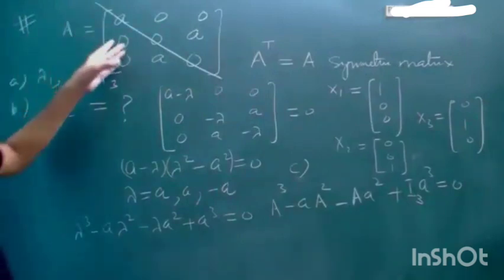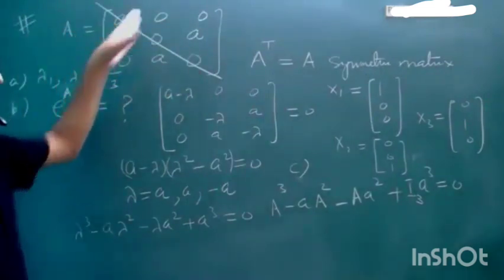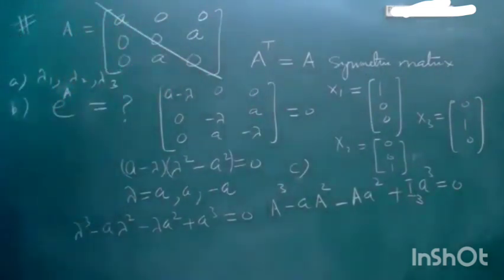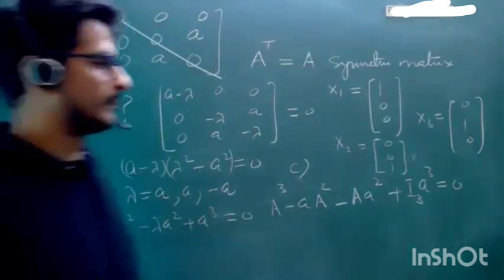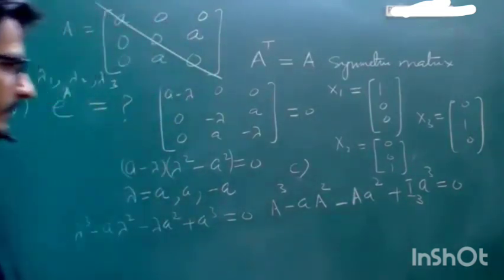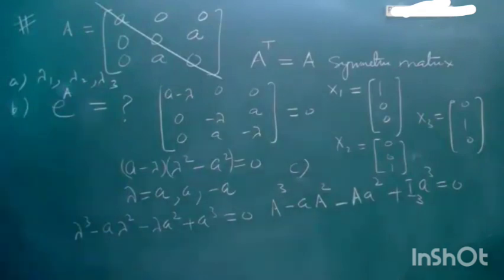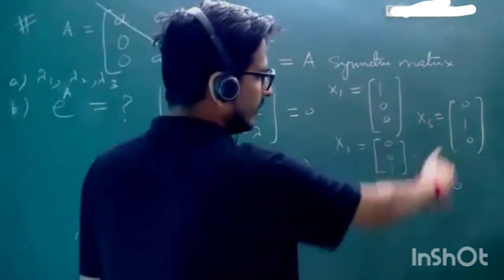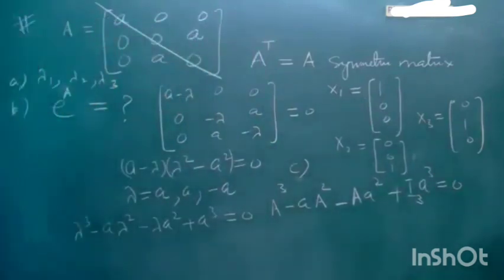You can check also, you can calculate also, because all other elements are 0, you see the columns. So it can be divided by a finally, or I can say it can be normalized. These are normalized eigenvectors.